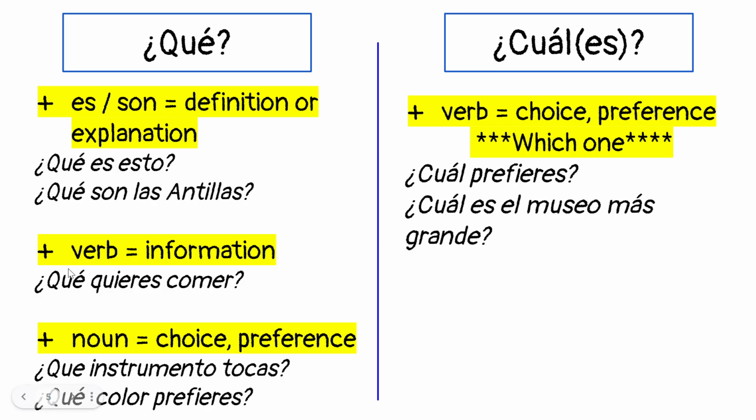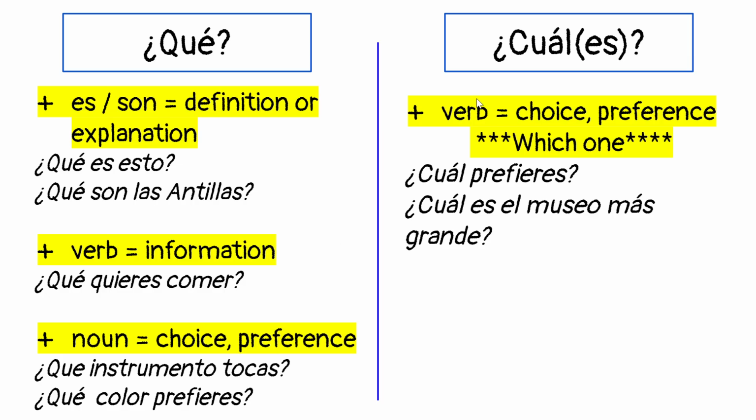If ¿qué is followed by a verb, then you're looking for information. ¿Qué quieres comer? What do you want to eat? If ¿qué is followed by a noun, you're making a choice or a preference. This is where we're going to make that distinction between cuál. ¿Qué instrumento tocas? What instrument do you play? ¿Qué color prefieres? What color do you prefer?